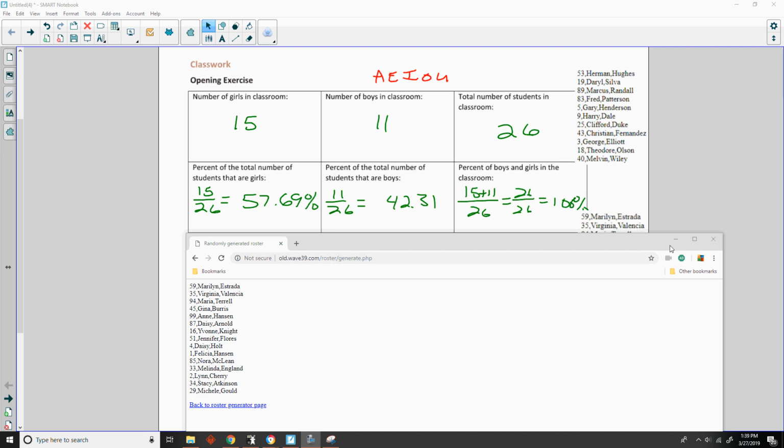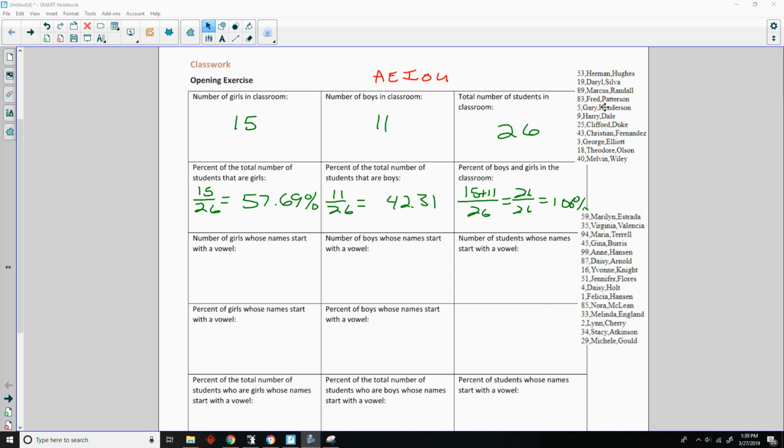This was a roster generator website. I generated a roster with 11 boys and 15 girls, and the numbers next to them. This was for a jersey, for a sporting team, and it assigned them a number on their team. So we'll disregard the numbers, but I just wanted to use this for the purpose of this assignment.